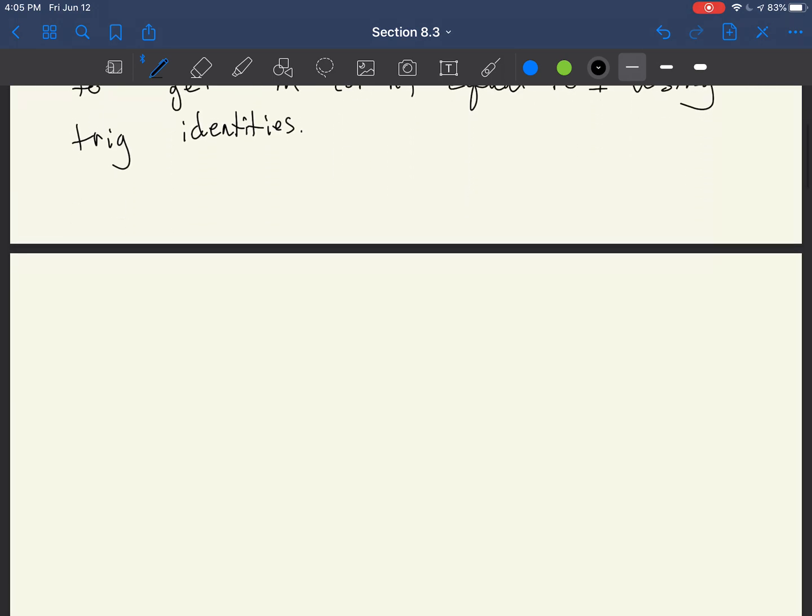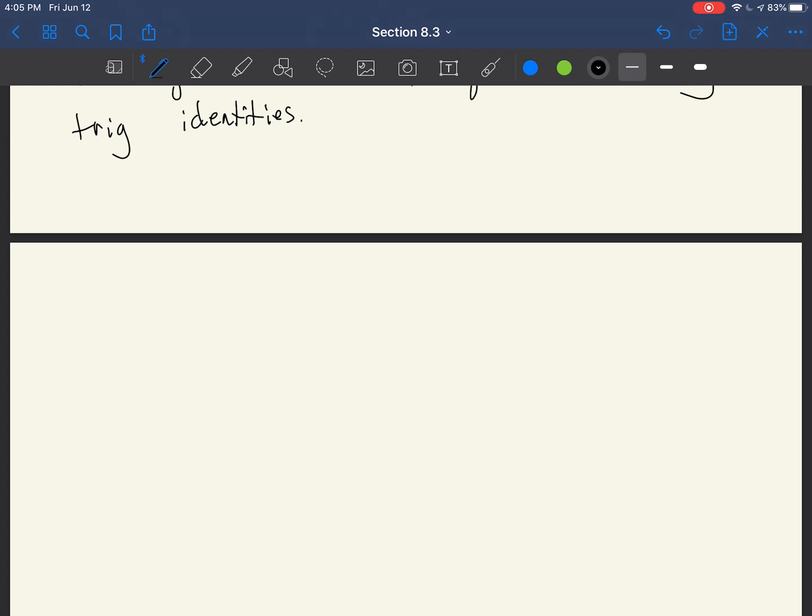Right, so for the first type that we're going to look at, we're going to use all the same type of identity. So recall the biggest identity in trig, and that is sine squared x plus cosine squared x equals 1.